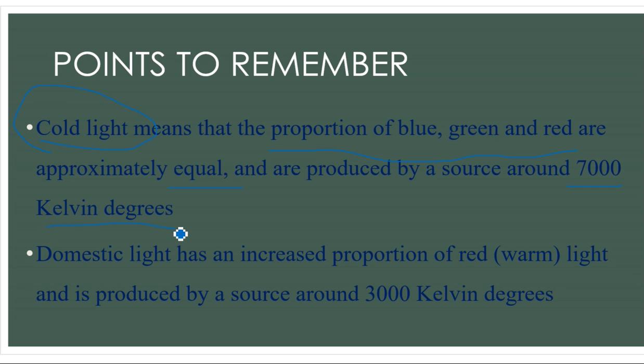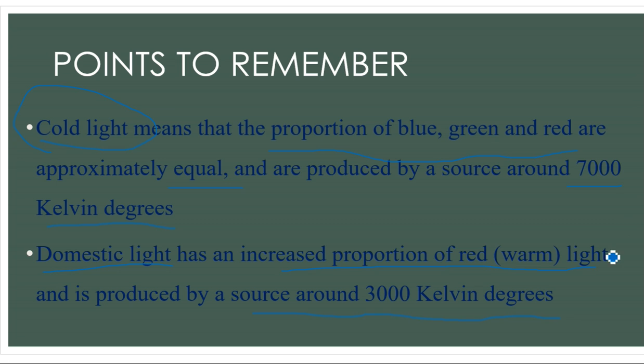So light has two important characteristics: brightness, for which we have discussed the lux unit, and the color temperature. Here the cold light is produced at around 7000 Kelvin, having blue, green and red in equal proportion, right? Domestic light, what we are using in our homes, has a slightly increased proportion of red. That's why it is warm, and it is produced by a source of around 3000 Kelvin.